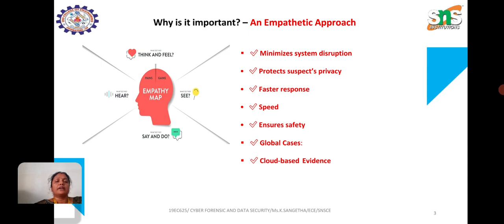It also provides safety for the digital evidence, and it is mainly for global cases because all these operations are done in the background, without physically accessing the device. So faster responses are possible, and global cases are mainly for cloud-based networks and cloud-based evidence.